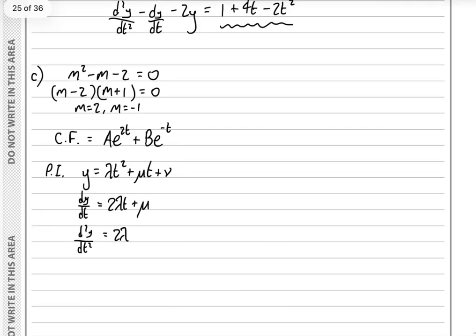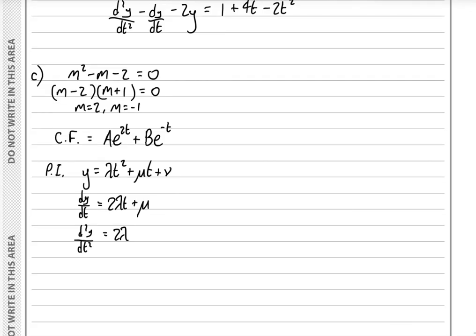Put those into the equation at the top of the screen there. We need one of these, 2 lambda, minus one lot of these. I'll just put that straight away. Minus mu. And then we want minus 2 lots of y. And all of that has to equal 1 plus 4t minus 2t squared.